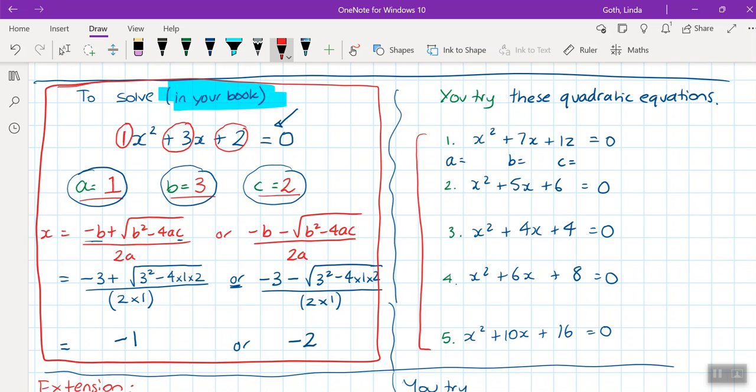You'll show the equation, the values of A, B and C, and the substitution into the quadratic formula. So each of these questions, you'll start by writing the equation, the value of A, the value of B, the value of C, and then you'll go on to these steps over here.